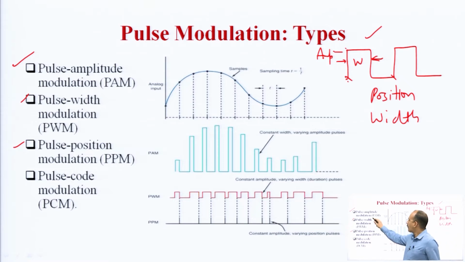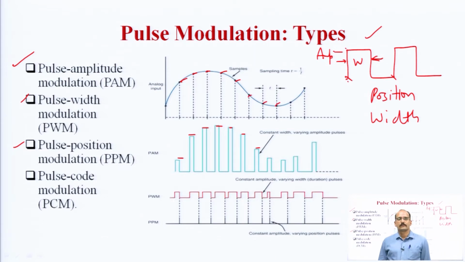In pulse amplitude modulation, the position and the width of the pulse are kept constant, and only the amplitude of the pulse will vary in accordance with the instantaneous value of the message signal.